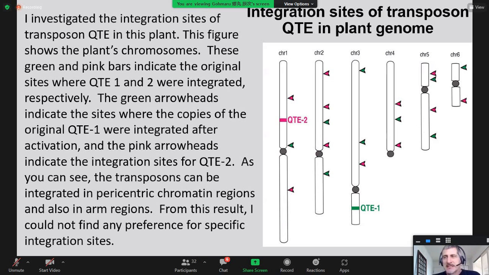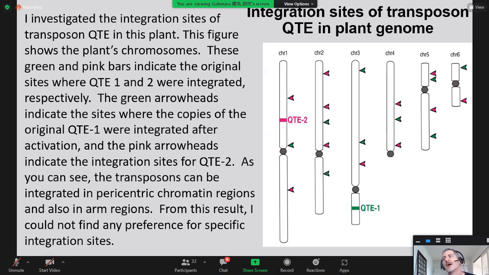Shindo-san, your topic sentence. Oh, that's okay. Sorry, it looked like 2 sentences. It's a comma, I guess, right? "I wondered if there are any features on the QTE integration site.